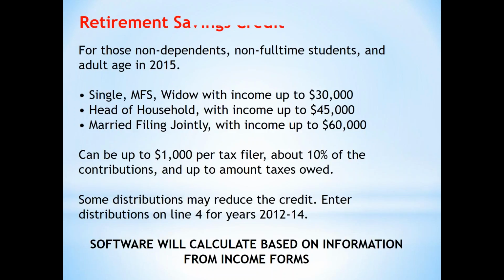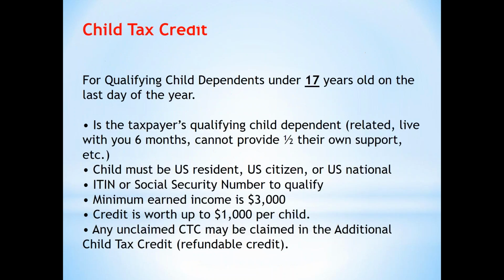The credit usually isn't worth a ton, but it can be worth up to $1,000, although I've never seen it that high at our VITA sites. It can be up to $1,000 or about 10% of the contributions, and it has to fit into these different price brackets too. But again, the software will calculate that, and know that that credit is available. We usually don't have too many questions on that one, actually.